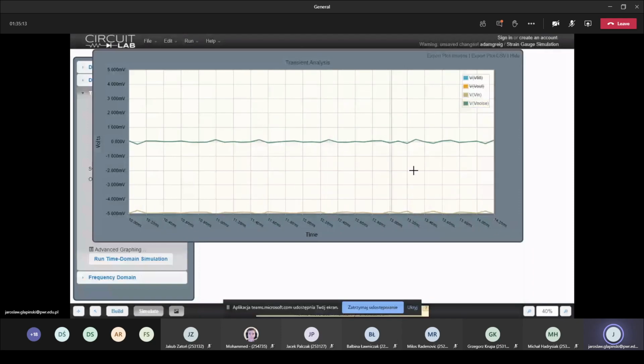Here we've got, I don't know how to use it. Okay, never mind. So this is the V-in signal, and this is the noise.